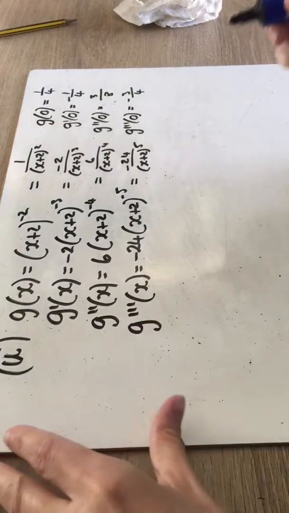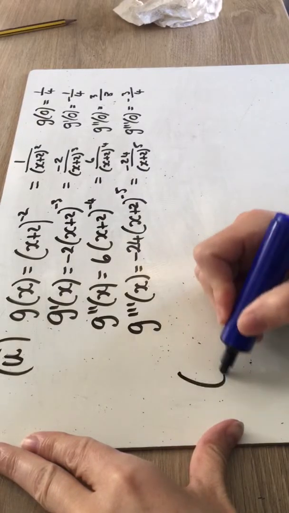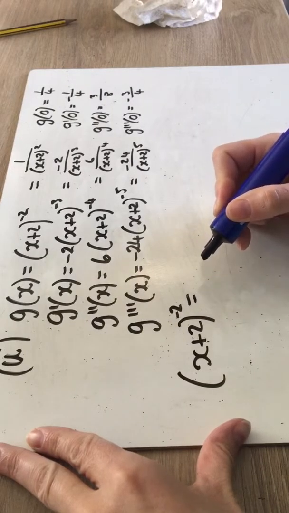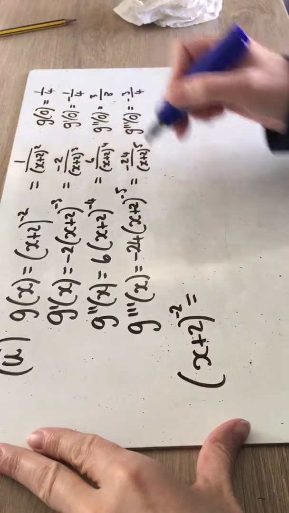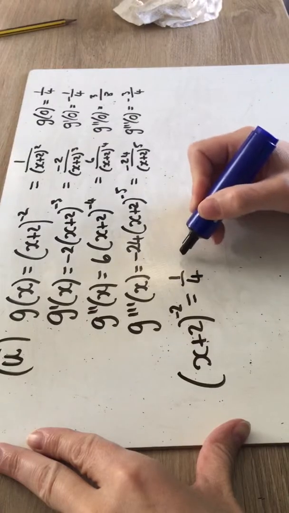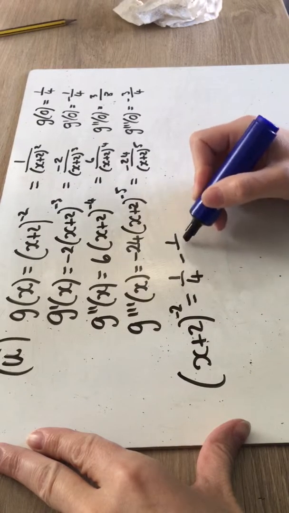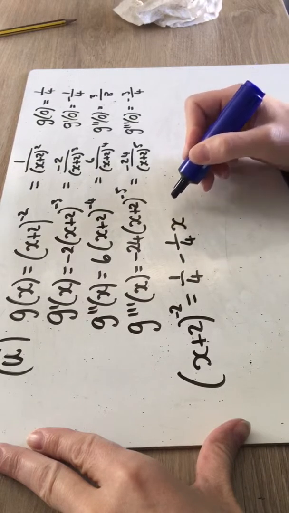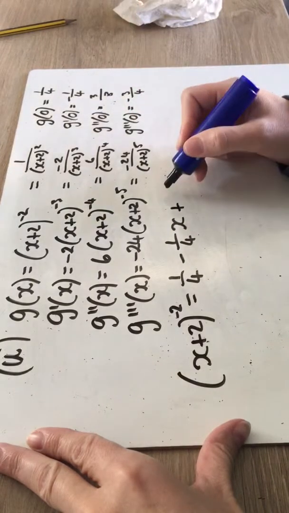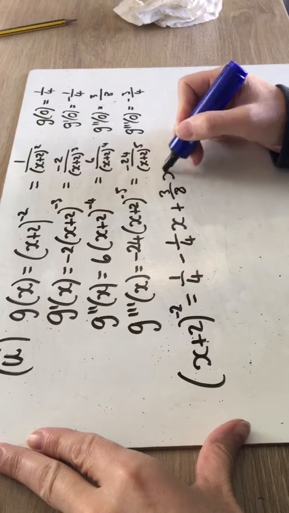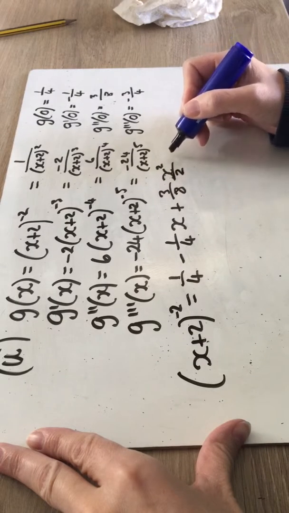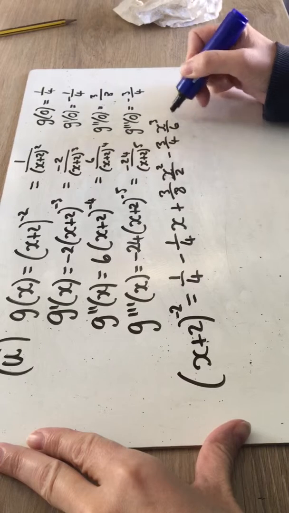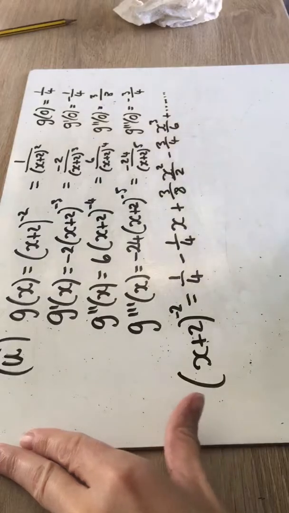So all we need to do now is substitute that into the Maclaurin expansion from your formula sheet. So it's g of 0, which is a quarter. Then we've got g dash 0, minus a quarter x, then the second derivative 3/8, and that's x squared over 2, and then the third x cubed over 6, and so on.